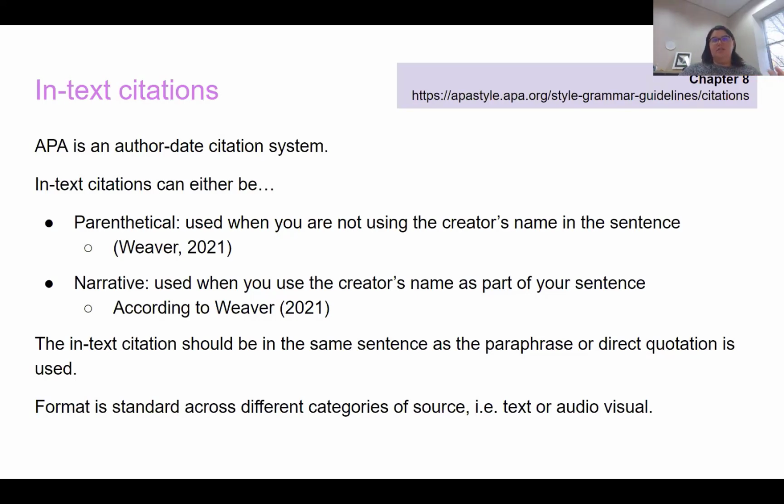Those in-text citations should be in the same sentence as the paraphrase or the direct quotation. The format of these in-text citations is pretty much standard across the different categories of sources, whether that's a text source or an audiovisual source or data or an online source.